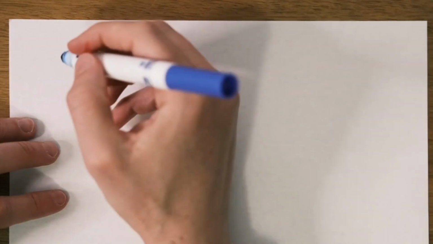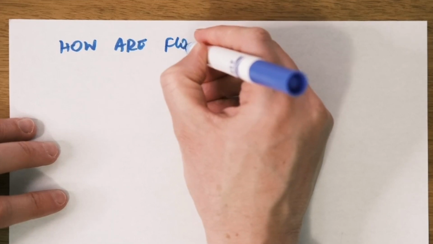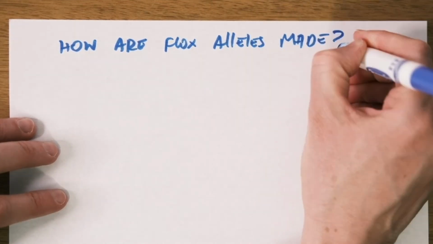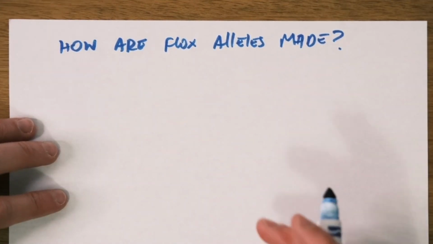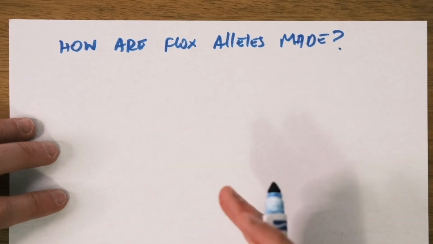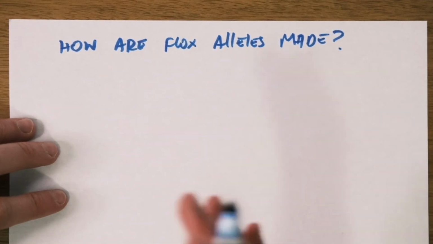But before, we need to understand how the alleles are generated so that we know what can go wrong and what to look for. So how are Flox alleles made? We are assuming here that we are using a modern CRISPR strategy where we are adding two independent LoxP sites.